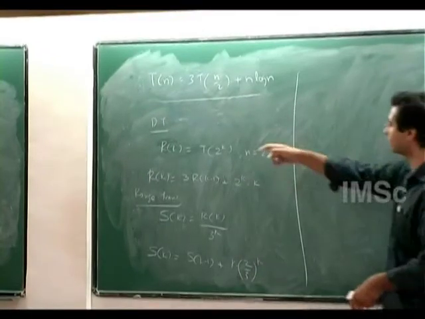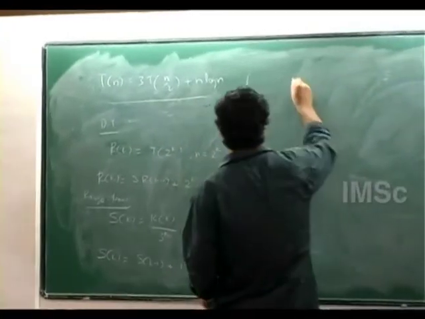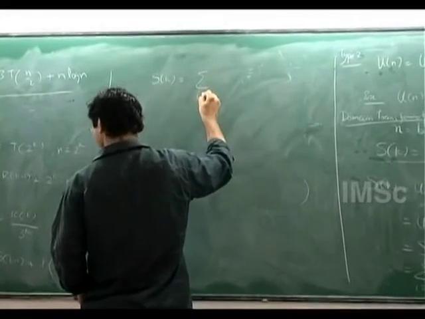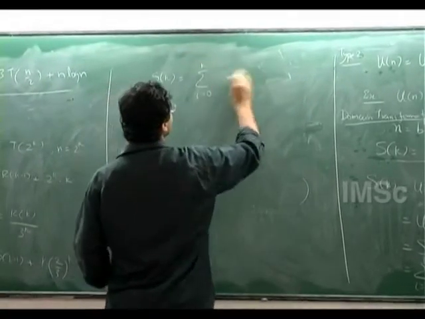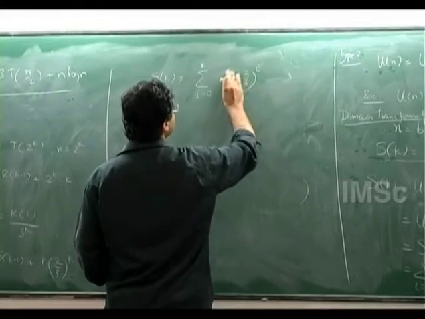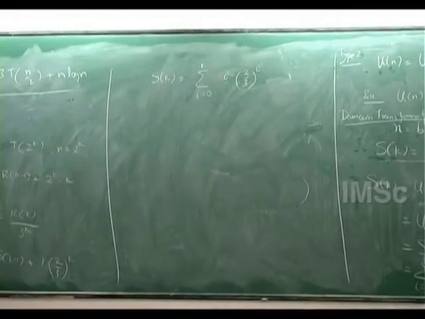Okay, so we have reduced this recurrence to a fundamental recurrence, and we know the solution is the summation from 0 to k of i times this.